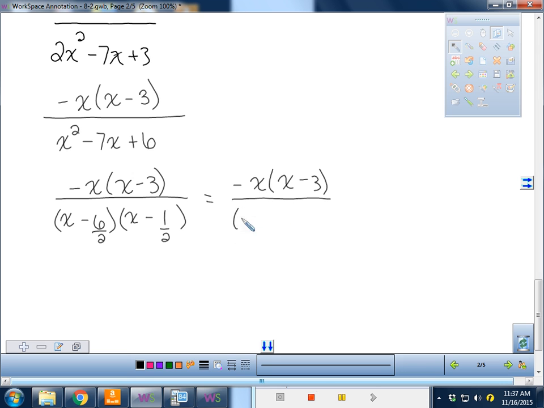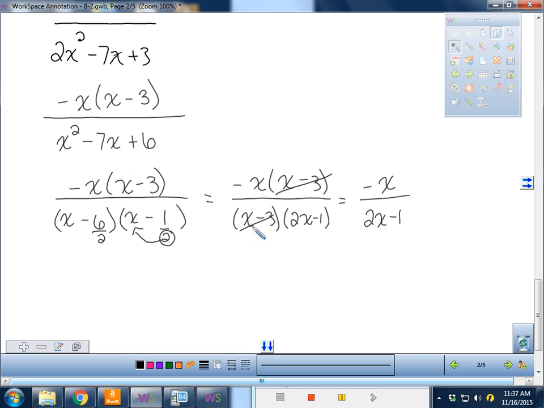Six divided by 2 is 3. And then this 2 needs to move to the front. So that would give me 2x minus 1. Now if you're noticing, you have a common factor between the numerator and the denominator, x minus 3. So those will cancel out, leaving you with negative x over 2x minus 1.